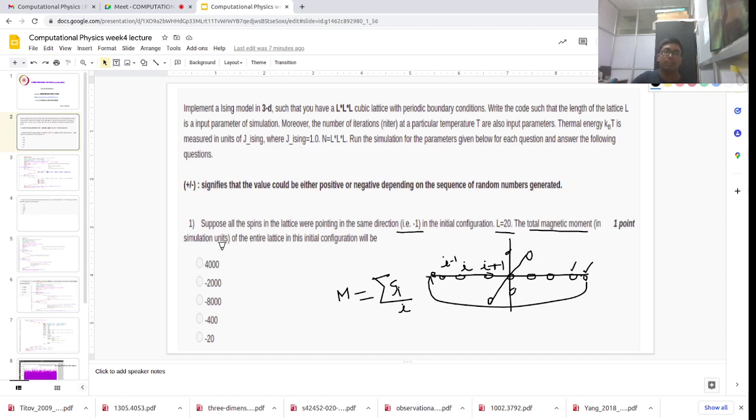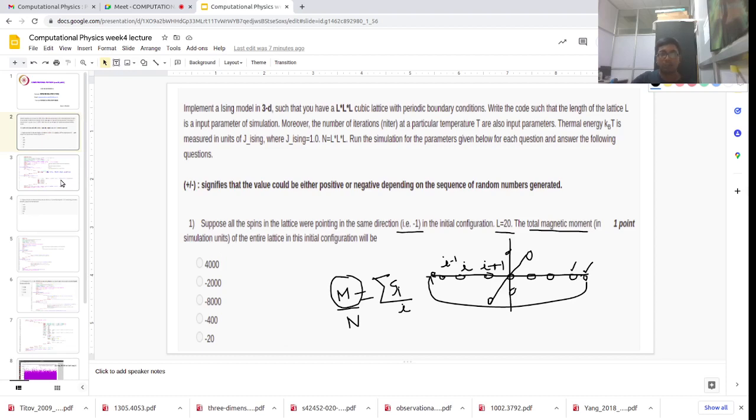And if you need to calculate the magnetization, you just divide by the total number of spins, which in our case is capital N, that means L cubed. Here you need not worry about the capital N, you need to calculate this capital M. This is our motive, and here are the options given.